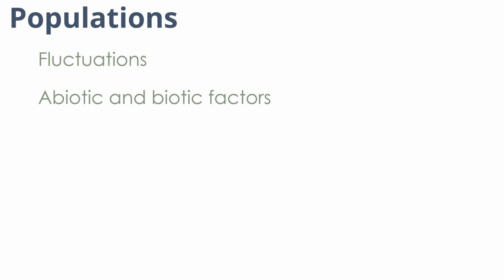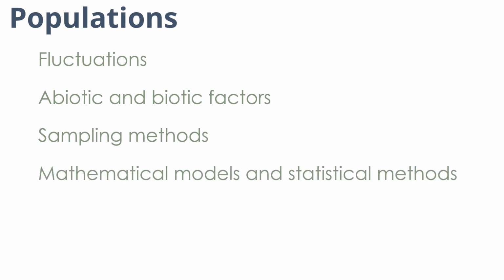And in order to study populations, we can use different sampling or survey methods, as well as mathematical models and statistical methods to understand population dynamics, demography, and how populations respond to changes in their environments.